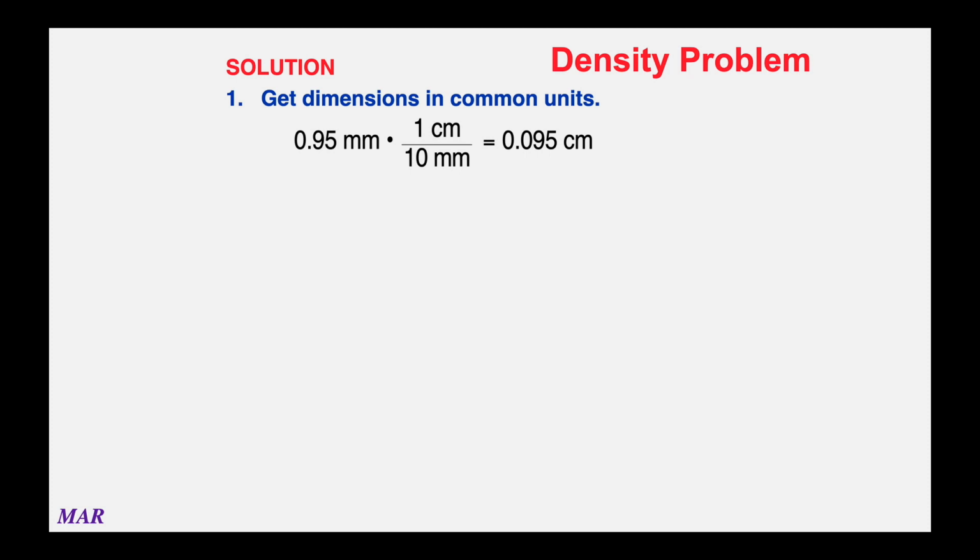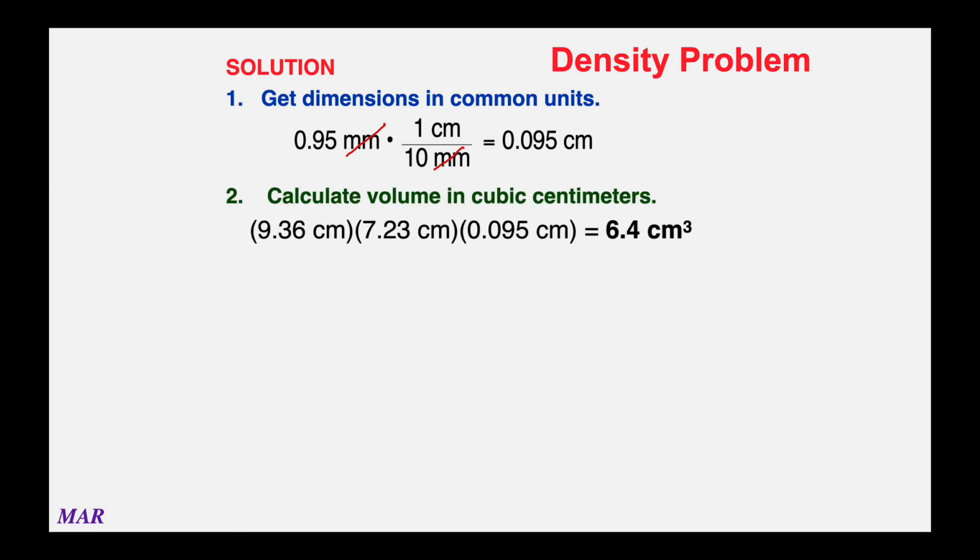If you look this up online, or you happen to know, there are 10 millimeters per 1 centimeter. If you have a millimeter on the top and a millimeter on the bottom, they cancel. So 0.95 divided by 10 is 0.095 centimeters. Now that we have the thickness in centimeters, the volume will be length times width times height.